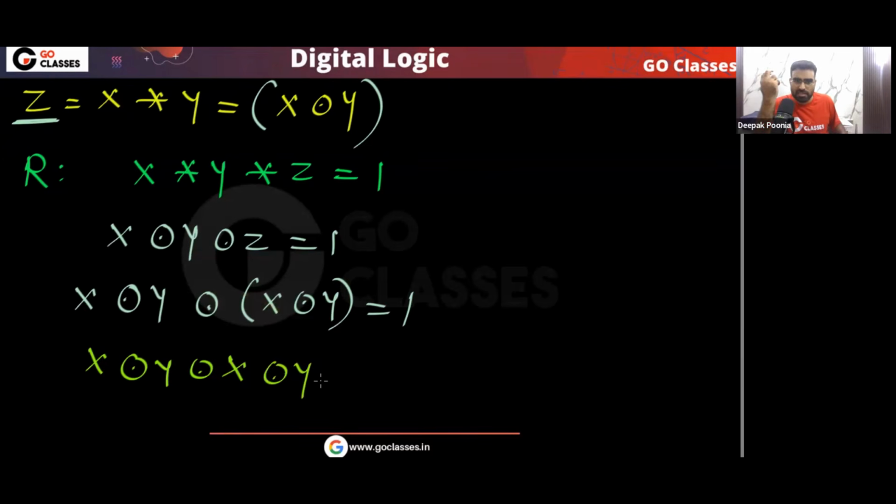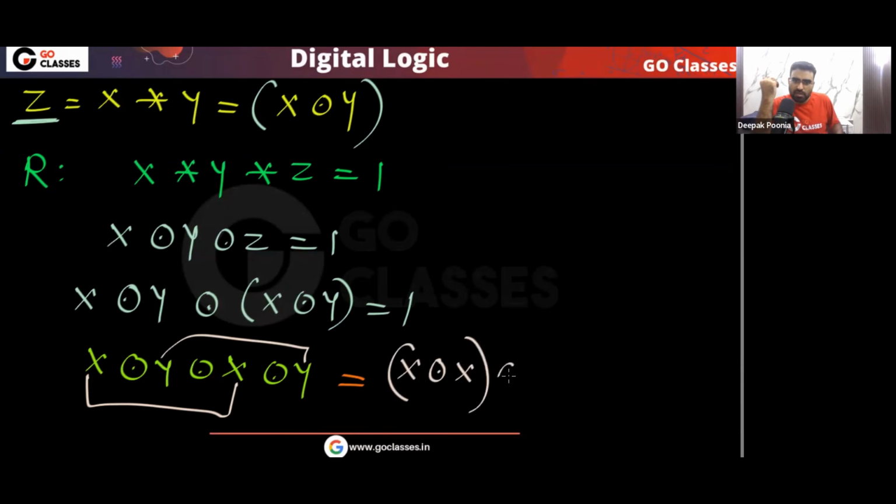And because it is commutative also, I can take these two together. So remember, I can do like this: X XNOR X XNOR Y XNOR Y. Is this clear?